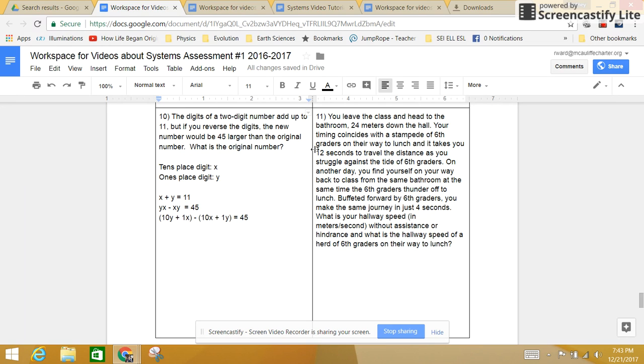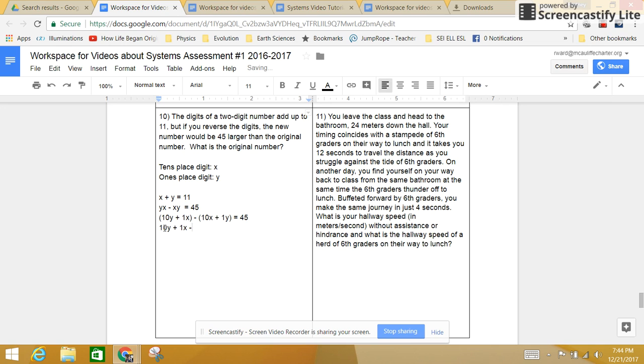I'm going to do the subtraction. I can do it a couple ways, and I'm going to do it this way. I'm going to drop the parentheses around the first two because 10y plus 1x, that's just addition, so I don't need to worry about changing direction. But now I've got this minus.